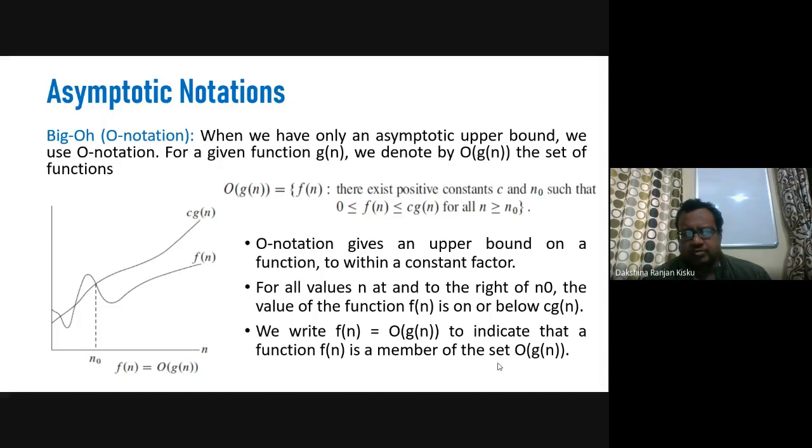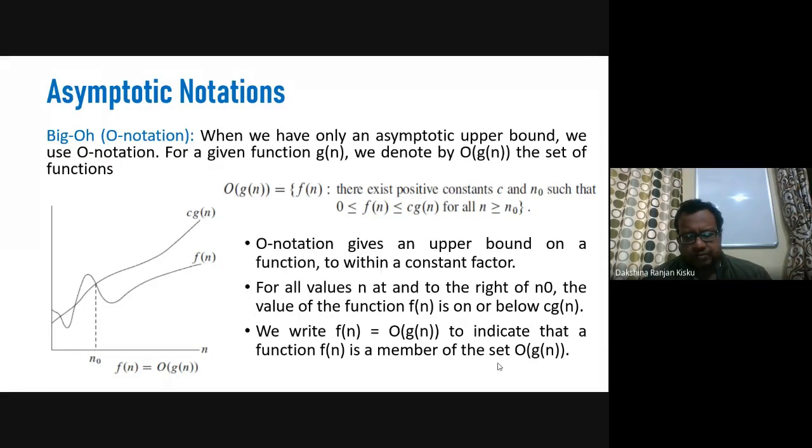For all values of n at and to the right of n0, the value of the function f(n) is on or below c·g(n). That means f(n) will be less than c·g(n), so f(n) is upper bounded by c·g(n).